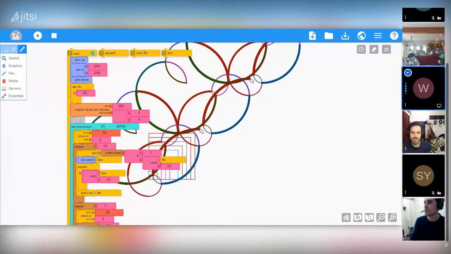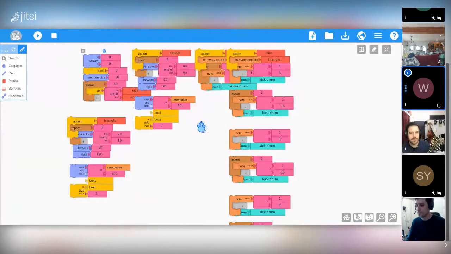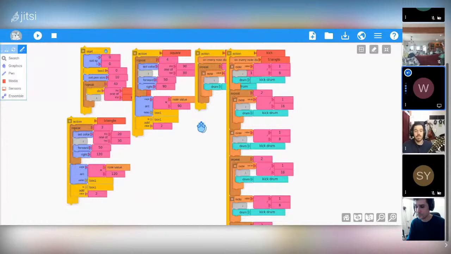I want to just show one more project, which is a project from one of Devin's and my students. This student used a series of rhythms to generate a spiral. So here we go.